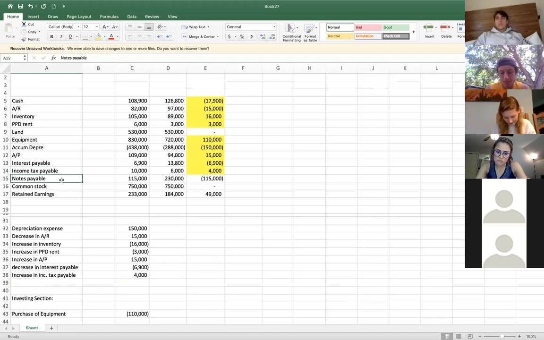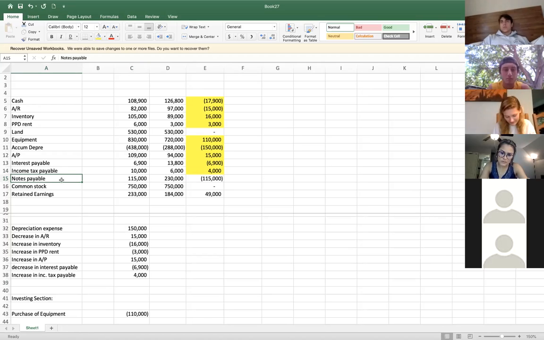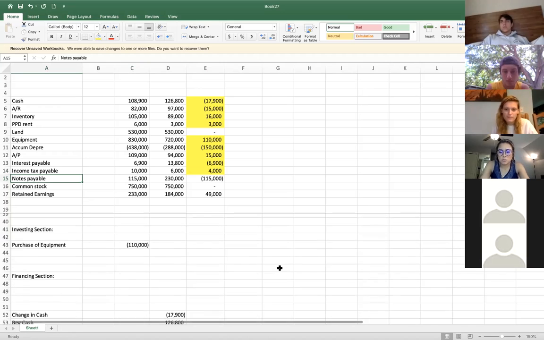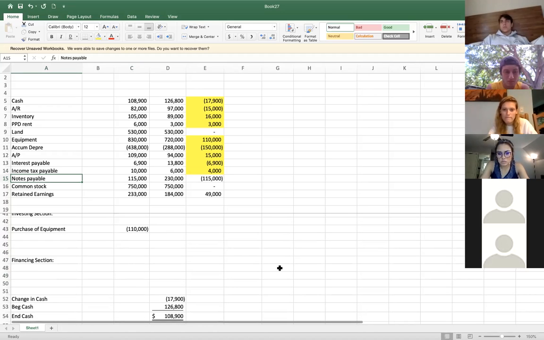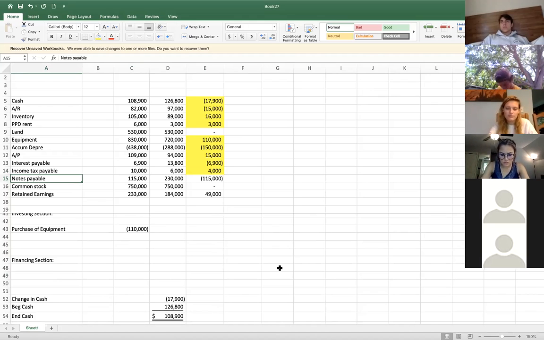Notes payable. What kind of an account? Liability. Long-term, short-term? Long-term liability. So long-term, good. So which section is it going into? Investing, financing. Remember, any cash flow between creditors and the company, and owners and the company, is financing. So this would be with the creditor, so it would be financing activity.